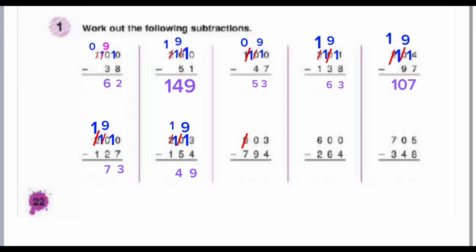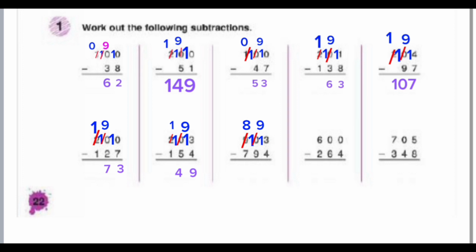That will become 8. And the tens digit will become 10. Now the 3 in the ones will become 13. And the tens digit will become 9. 13 minus 4 is 9, 9 minus 9 is 0, and 8 minus 7 is 1.